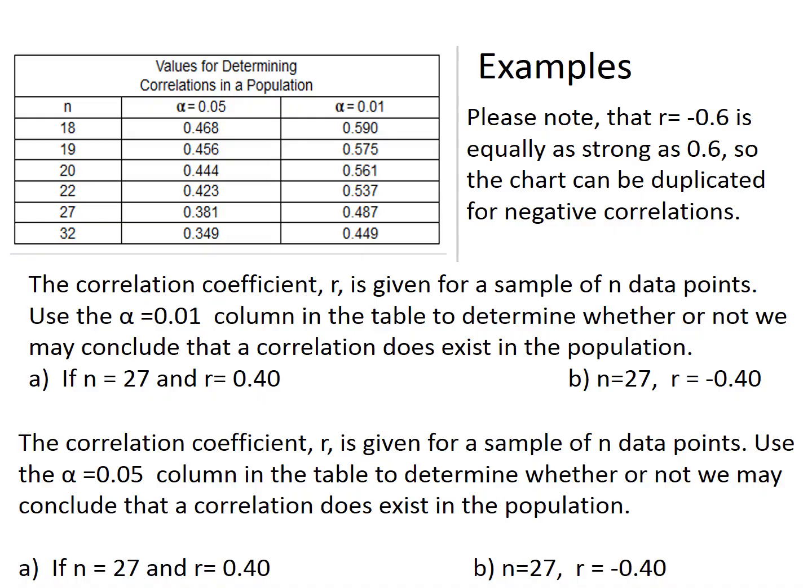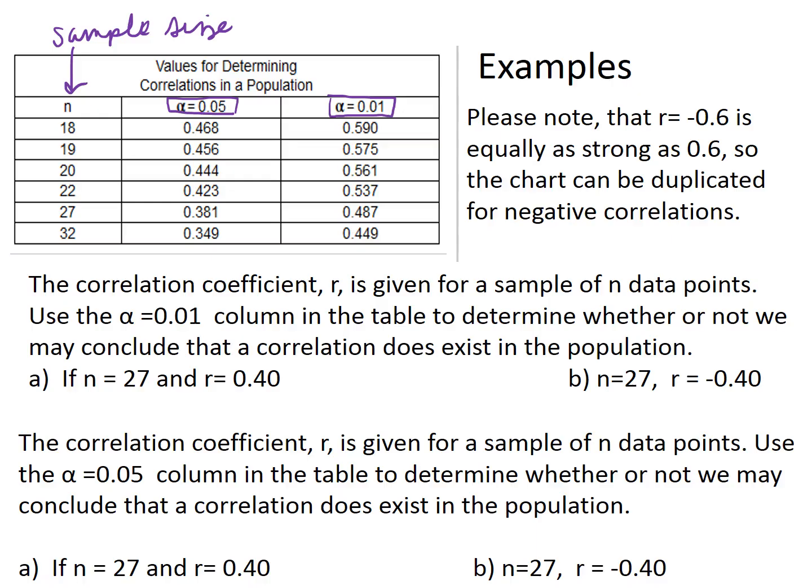So here's a portion of that chart. For N, remember N always stands for the sample size. And here we have a 5% chance of error or a 1% chance of error.